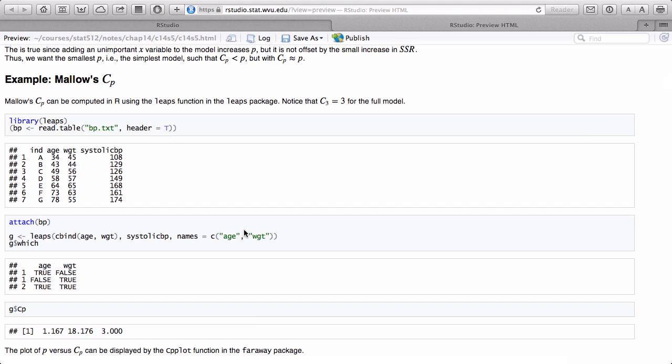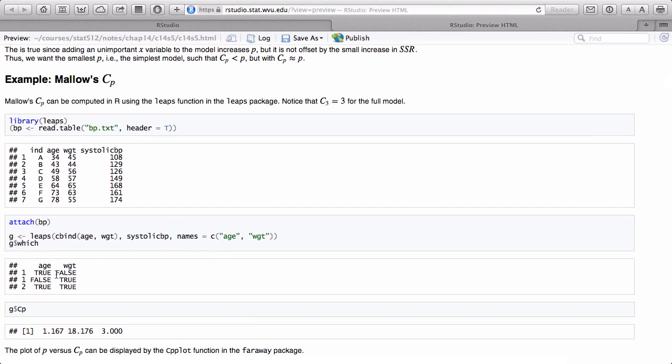Now suppose we computed CP for every model. Well, if you look at the way I fit this, I say leaps. I'm doing cbind of age and weight, and so this is the X matrix, and this needs to be a matrix. And then that's the Y, and then I just assign names, age and weight.